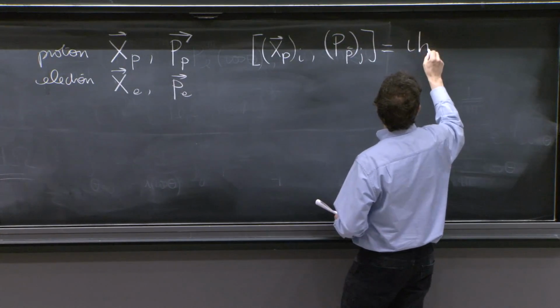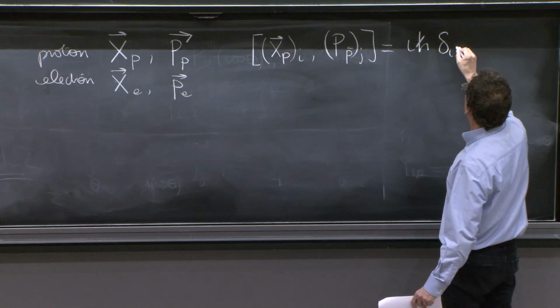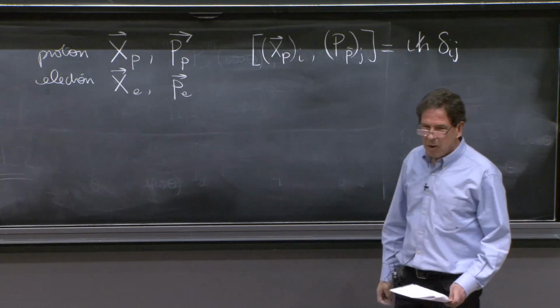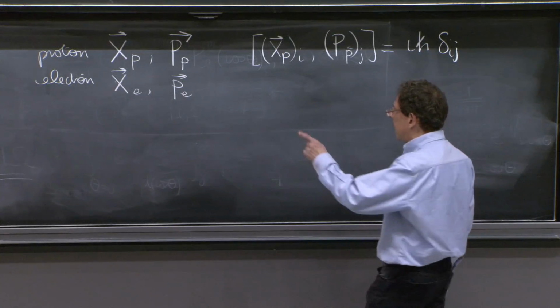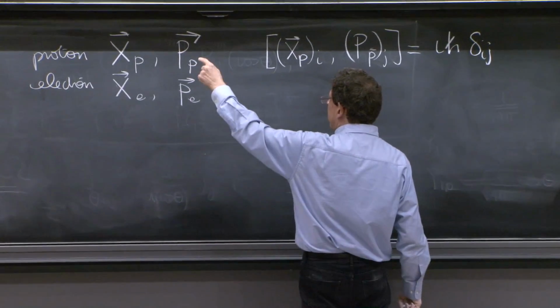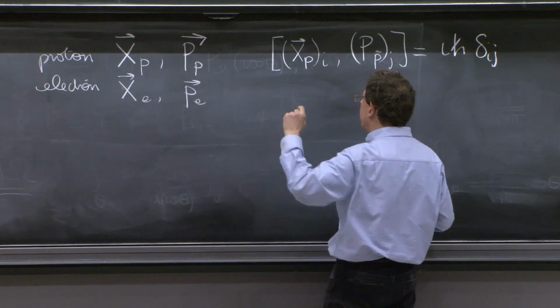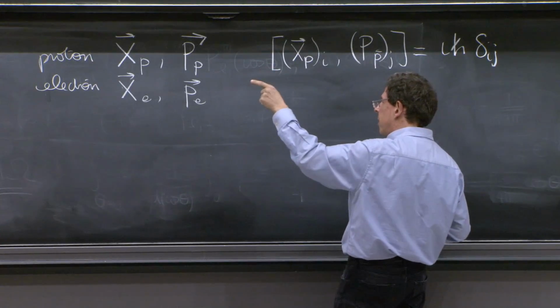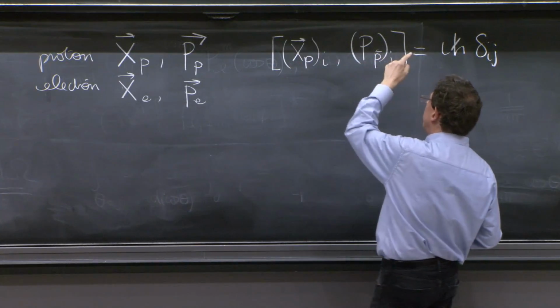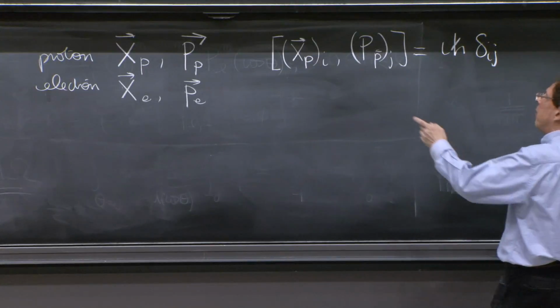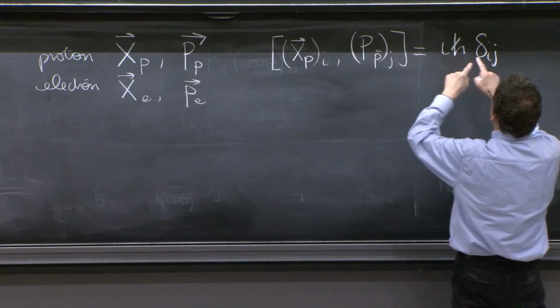That's equal to i h bar delta ij. You see, we used to call coordinates x, y, and z, and momenta px, py, pz. You could have called them x1, x2, x3, momenta p1, p2, p3. And in that way, you can use a Kronecker delta over here.